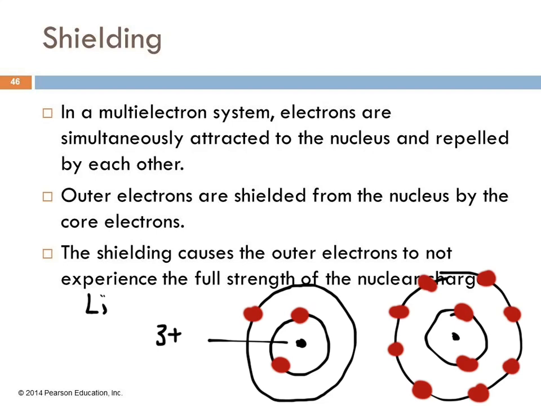This is not actually how they do it, but it's easier to think about. What is the charge on the nucleus for neon? It's plus 10. Okay, so we still have 2 core electrons. So then what is the effective charge that these electrons are going to see? Plus 8. Does that make sense?